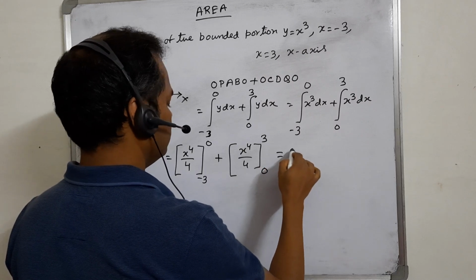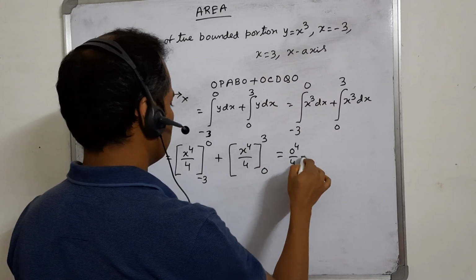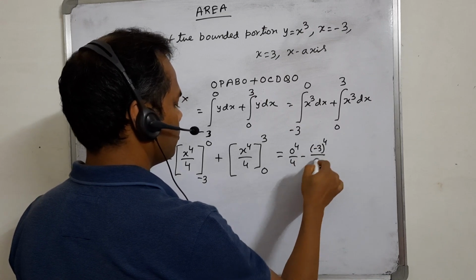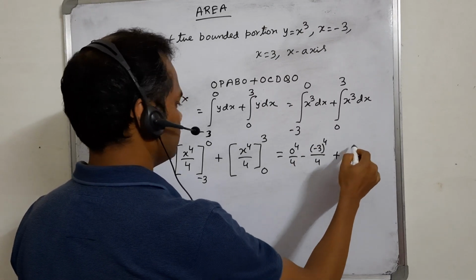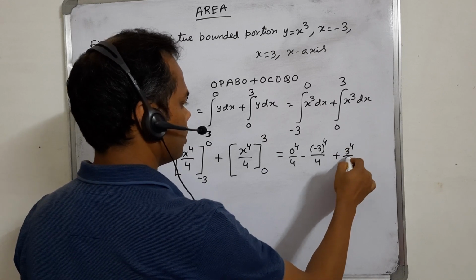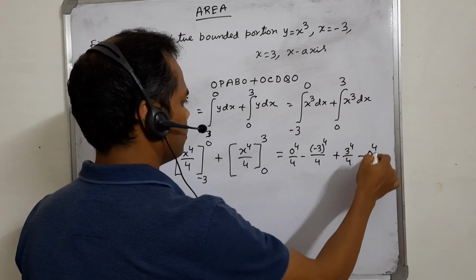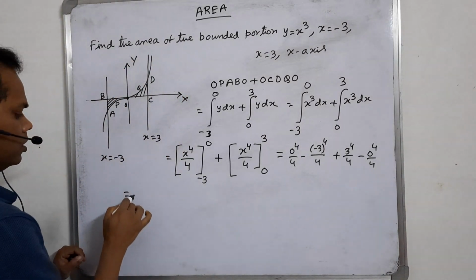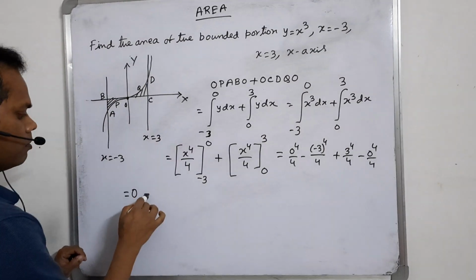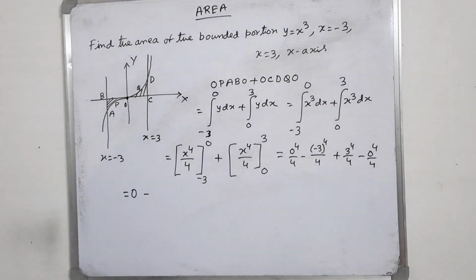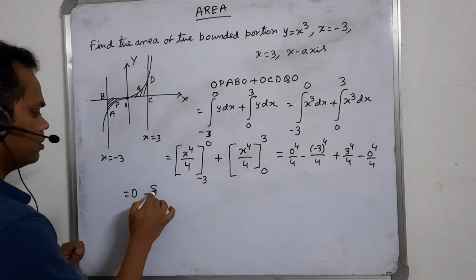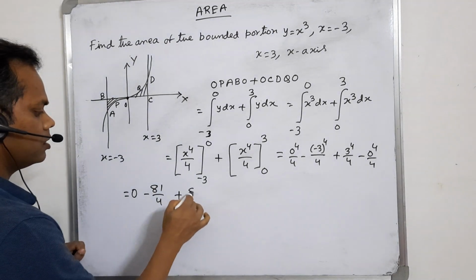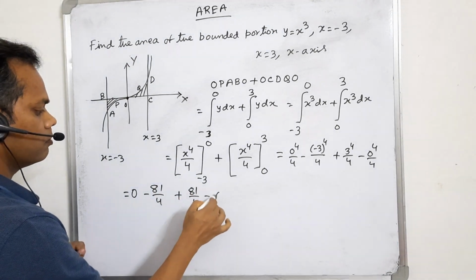So 0 to the power 4 by 4 minus of minus 3 to the power 4 by 4, plus 3 to the power 4 by 4 minus 0 to the power 4 by 4. This one is 0. 3 to the power 4 is 81, so 81 by 4, and this one is 81 by 4 minus 0.